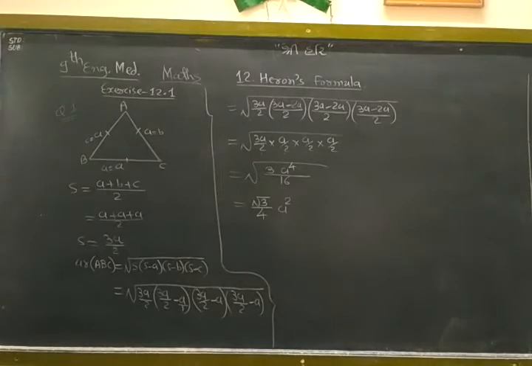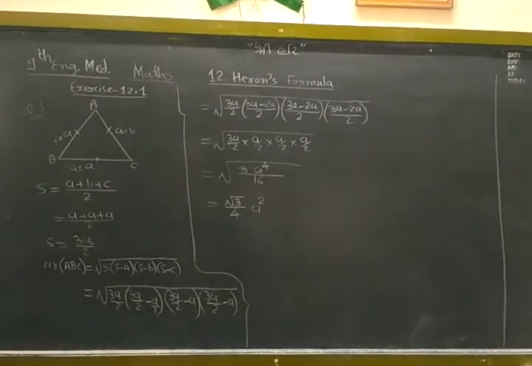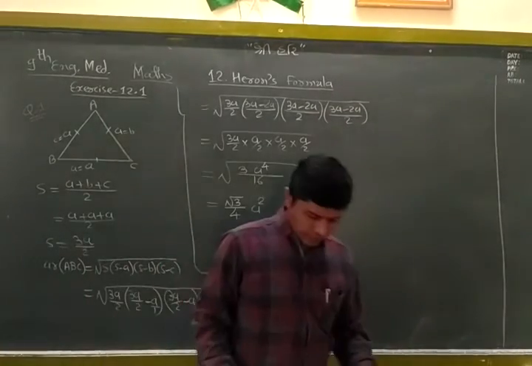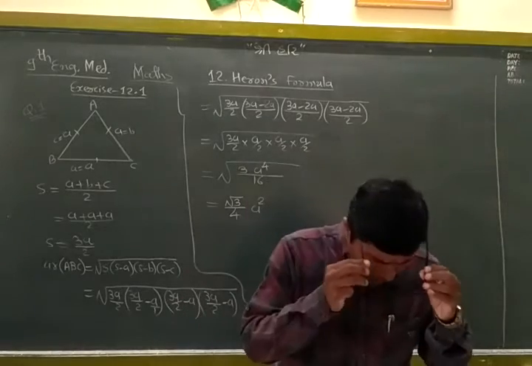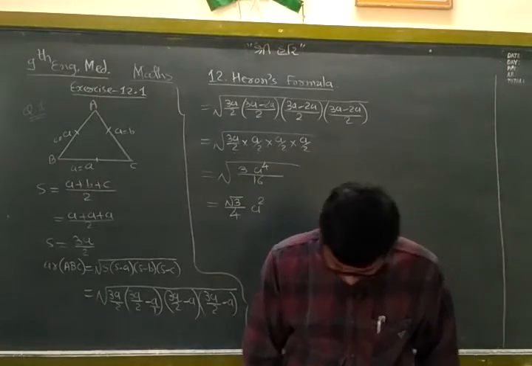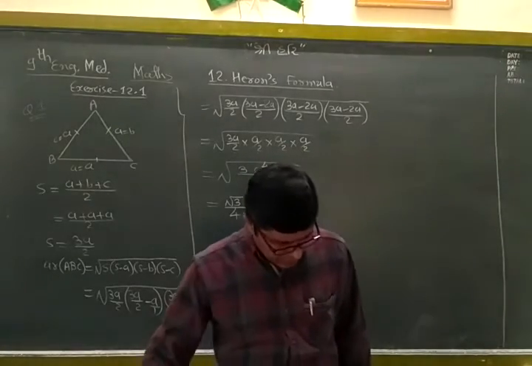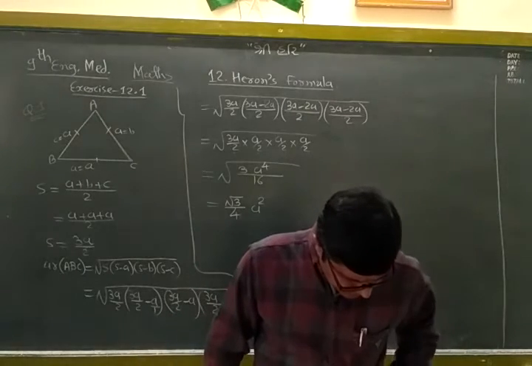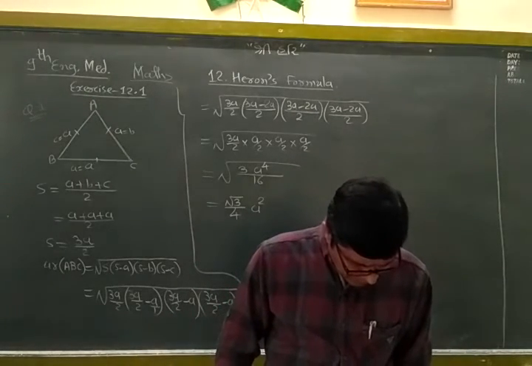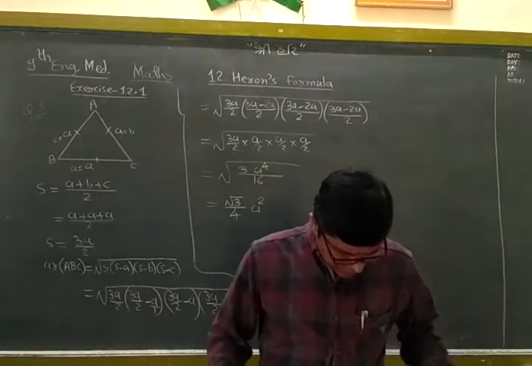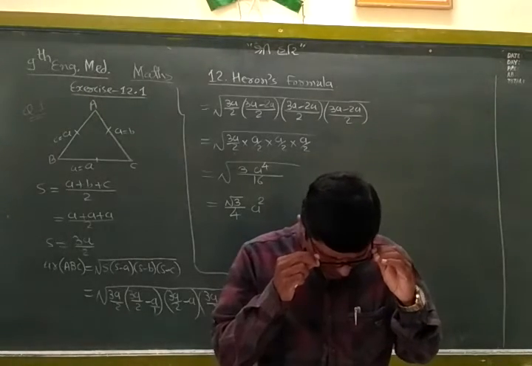Second condition is also given here. If the perimeter is 180 centimeter, what will be the area of the signal board?